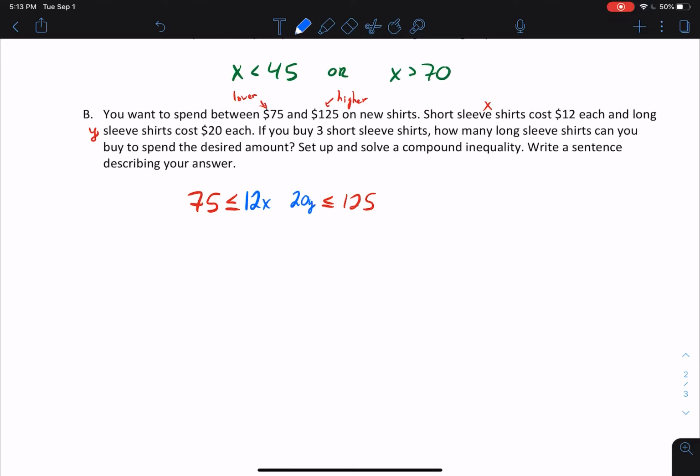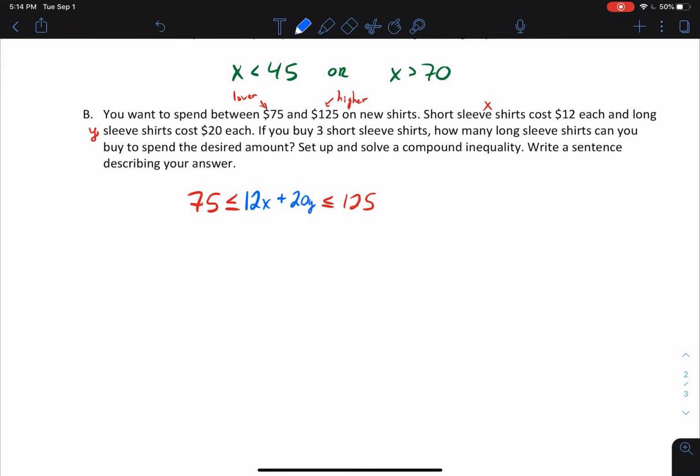I take how many long sleeve shirts I have, I multiply by 20, and that's how much I have to spend to actually own those long sleeve shirts. Okay? Now, how do I get the total amount? Well, I take the amount that I'm going to spend on short sleeve shirts, I take the amount that I'm going to spend on long sleeve shirts, and I add those together. Okay? So there is my compound inequality.